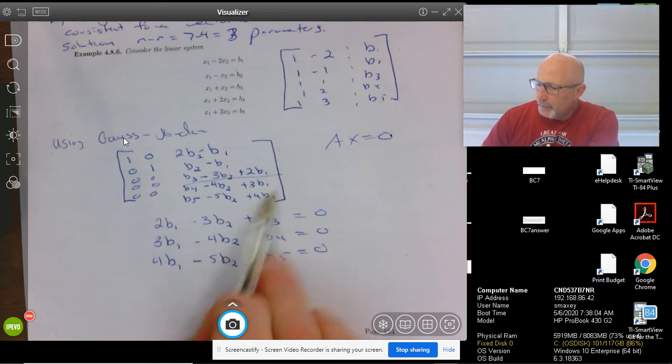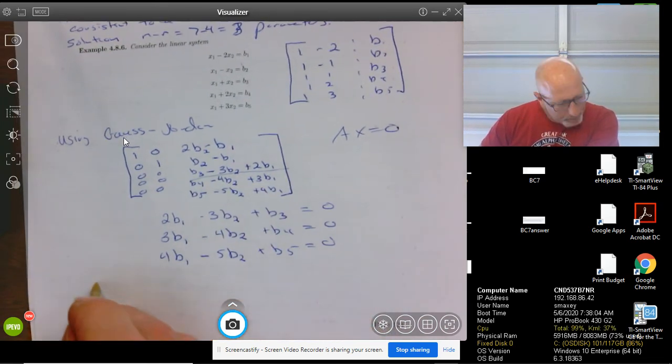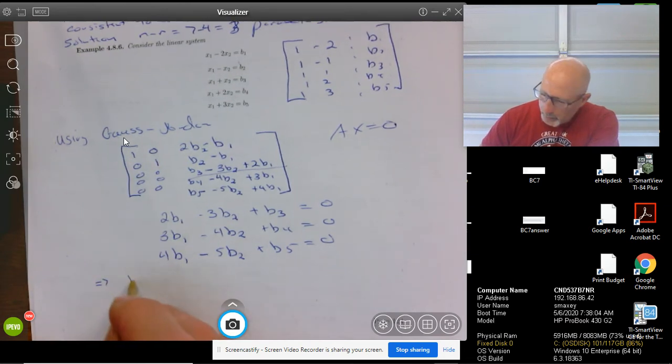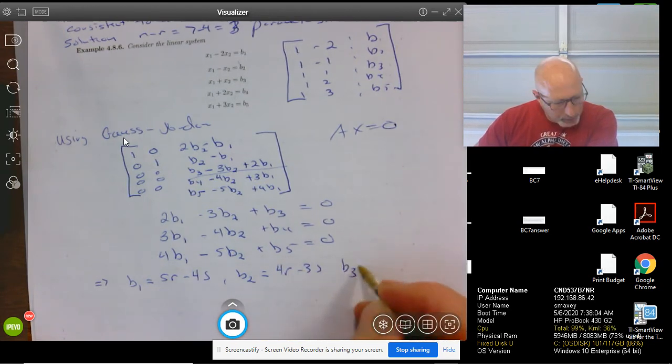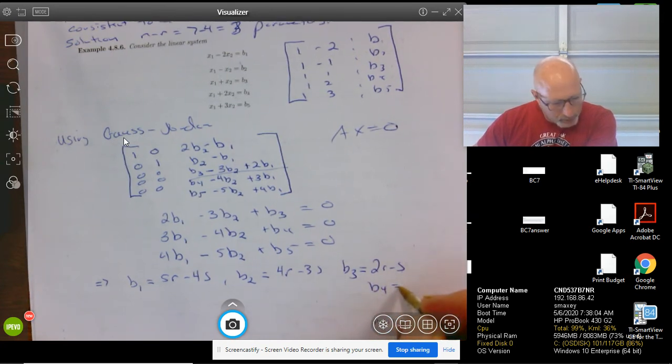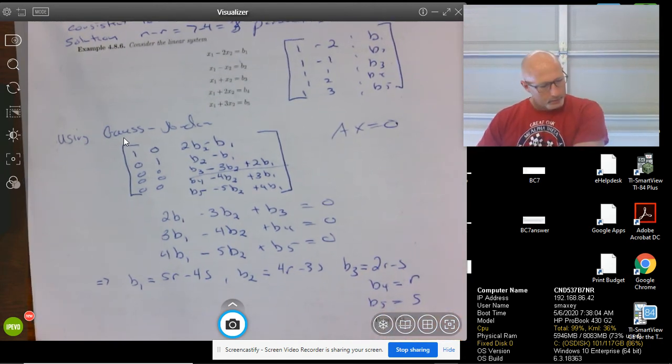Okay, so those would end up being the three free variables. So what I know then, this will yield the solution b1 equal to 5r minus 4s, b2 equal to 4r minus 3s, b3 equal to 2r minus s, b4 equal to r, and b5 equal to s.